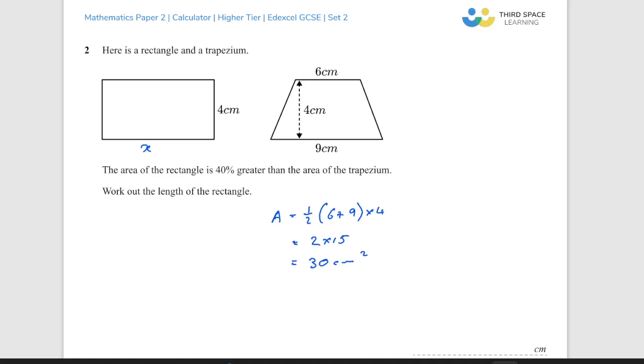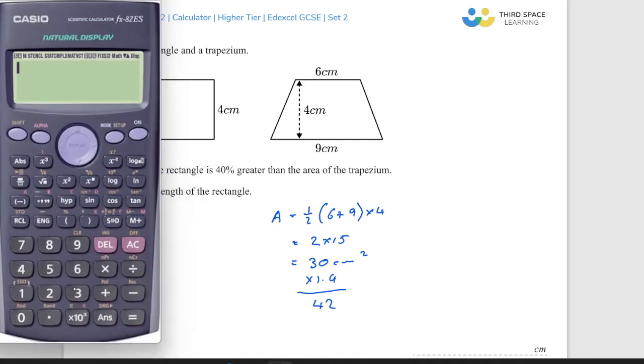I'm then going to say that if the rectangle is 40% greater than the area of the trapezium, then I would need to multiply this value by 1.4. So 30 times by 1.4 is going to be 30 plus 12, so I think it's going to be 42. Let's just double check that with a calculator now.